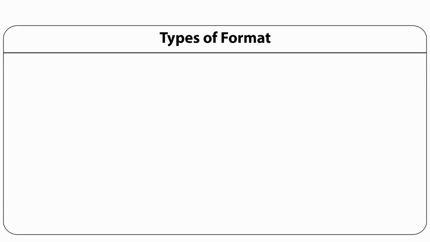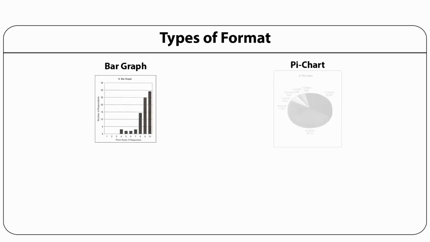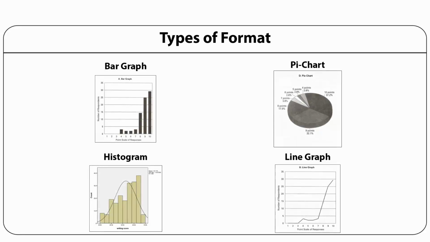So these are types of charts: the bar graph, pie chart, histogram, line graph you use to get different types of format for data presentation, and it requires a lot of persuasiveness for you to get good quality data to be put in this format.